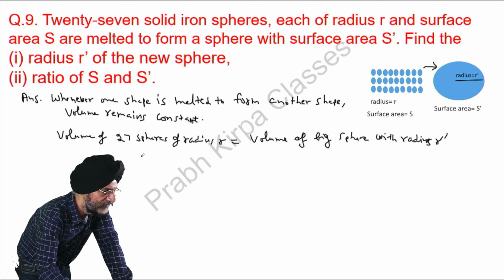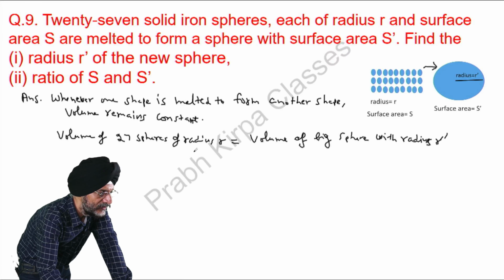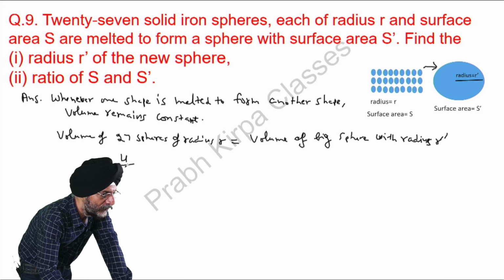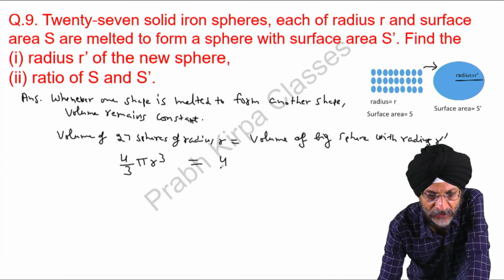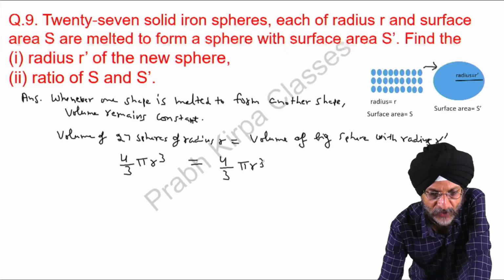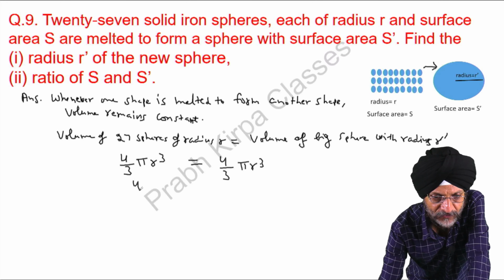So what is the value of the volume of this sphere? The formula is 4/3 pi r cube. Here the formula will also be the same, 4/3 pi r cube.